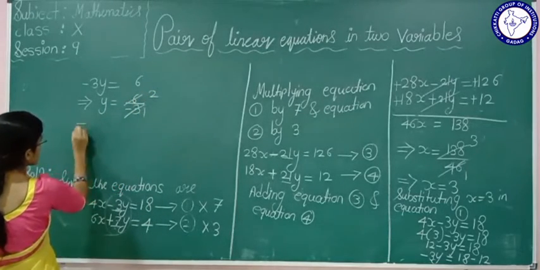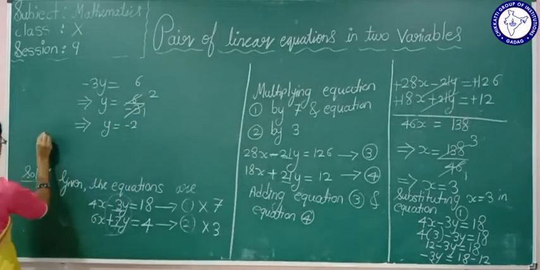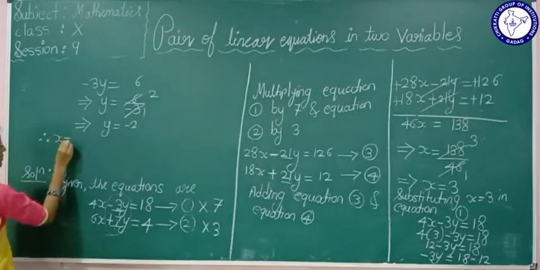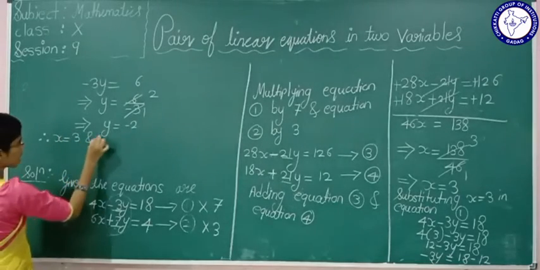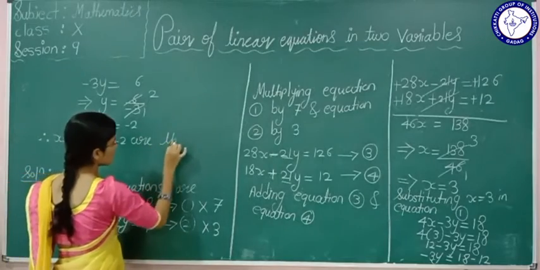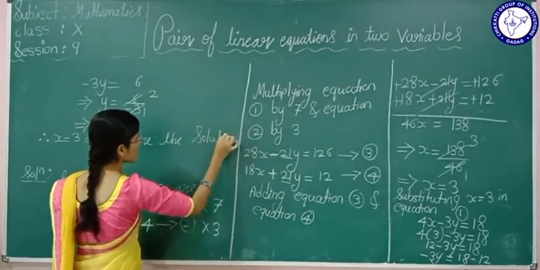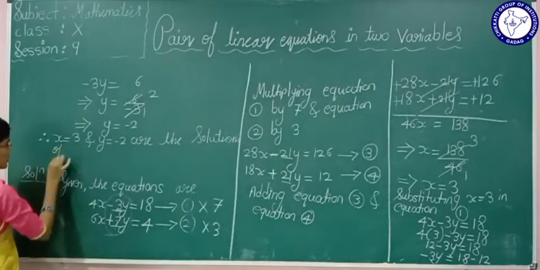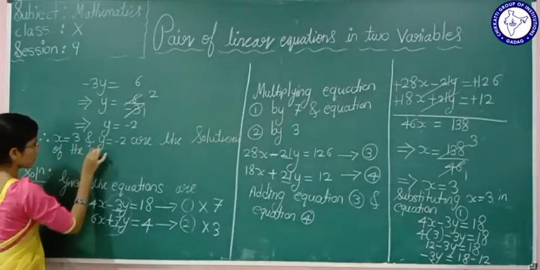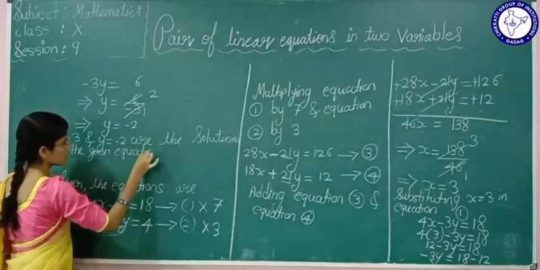That is, this implies y is equal to minus 2. Therefore, x is equal to 3 and y is equal to minus 2 are the solutions of the given equation.